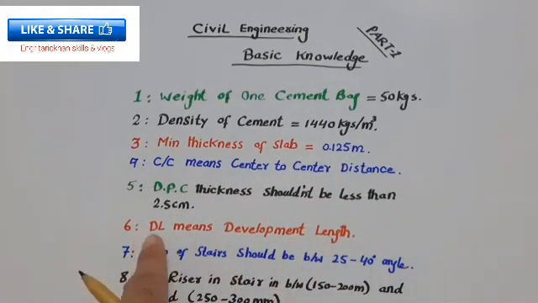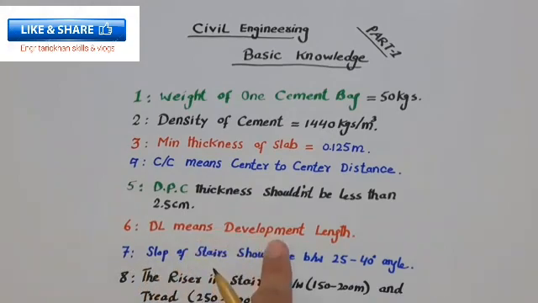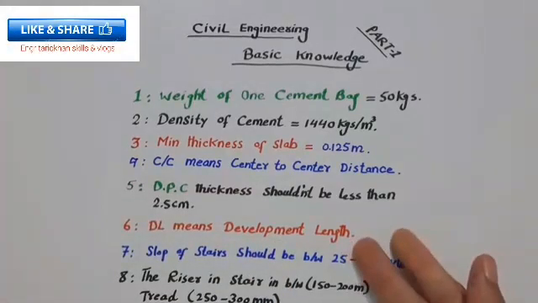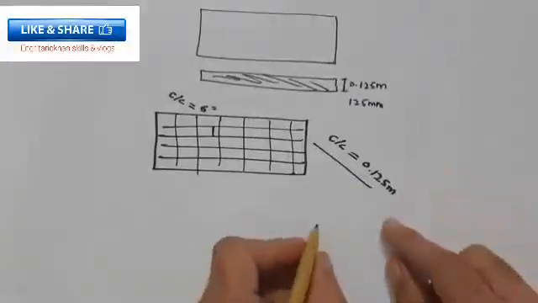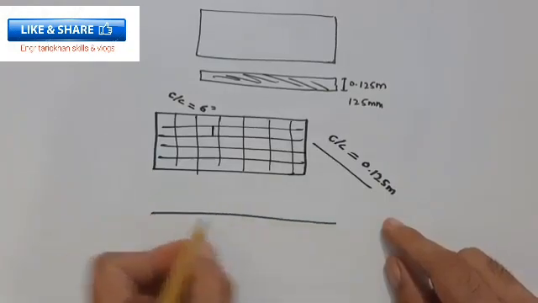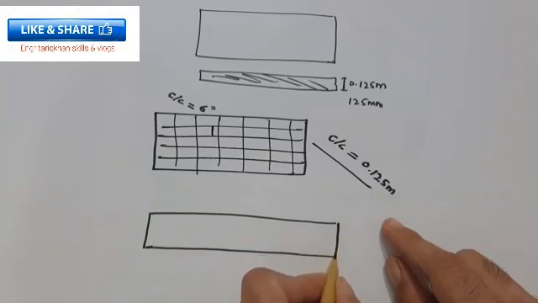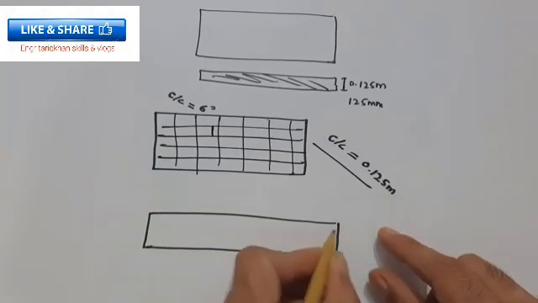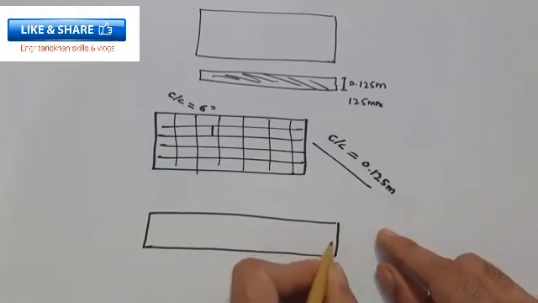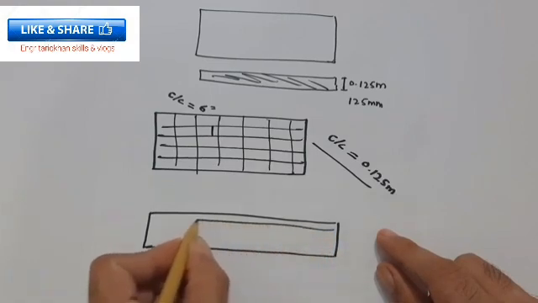The sixth one is, guys, DL, which means development length. What is development length? Guys, you can see here, this is a beam. Inside this beam I am providing the steel rods, in long section. You can see these are steel rods.